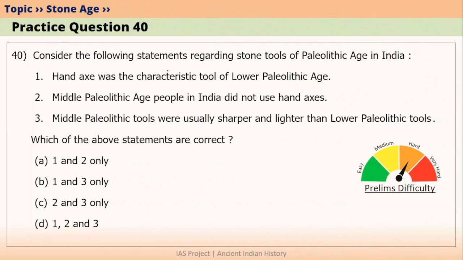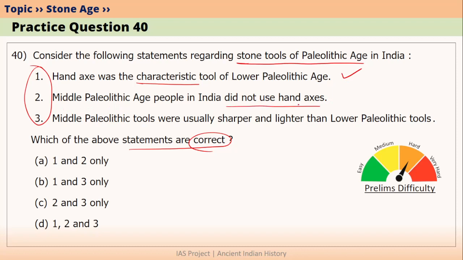The next question is, consider the following statements regarding stone tools of Paleolithic Age in India. 3 options have been given and the question is, which of the above statements are correct? The first statement is, hand axe was the characteristic tool of Lower Paleolithic Age. Yes, this is correct. Second statement is, Middle Paleolithic Age people in India did not use hand axes.